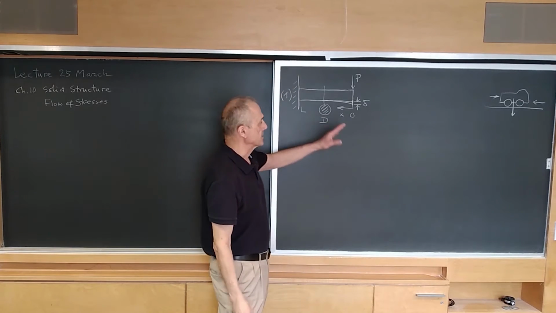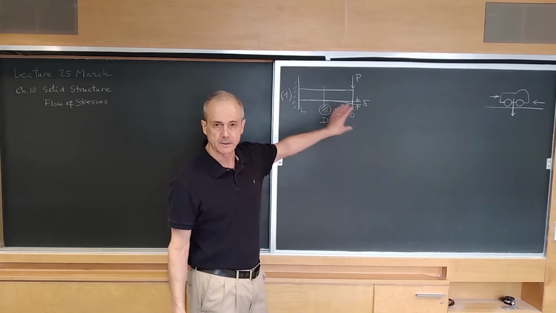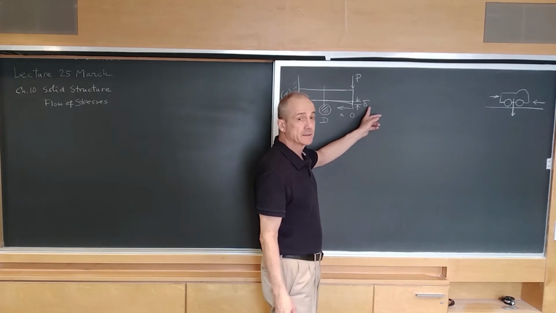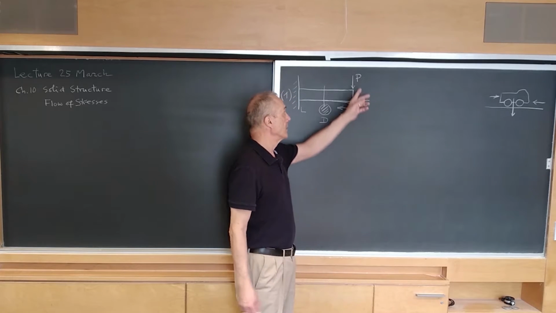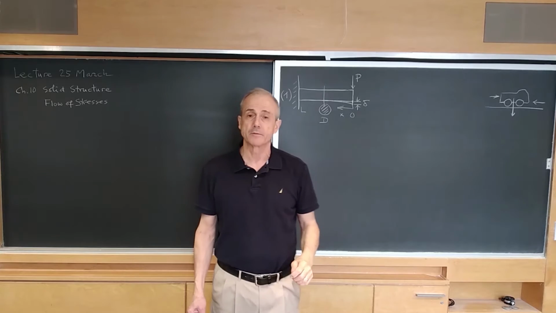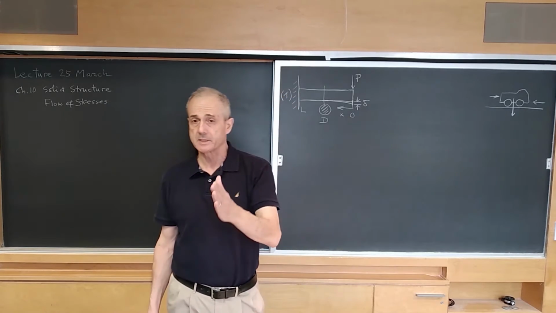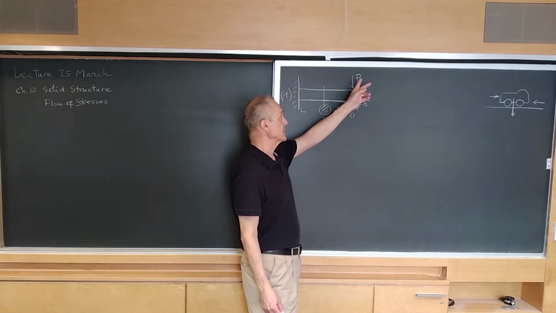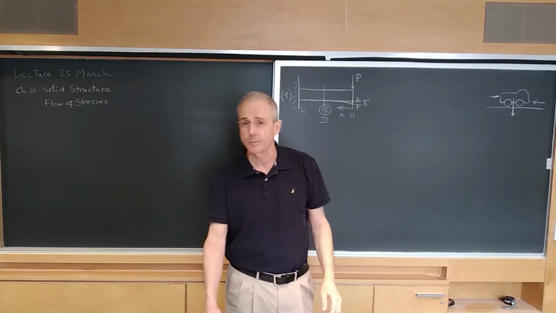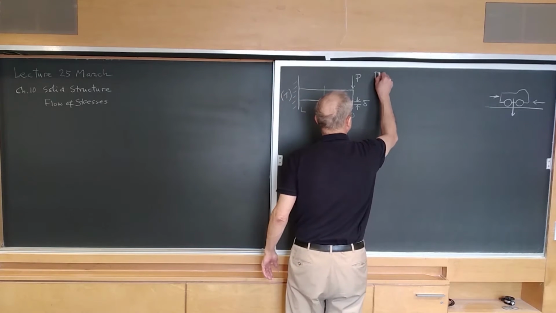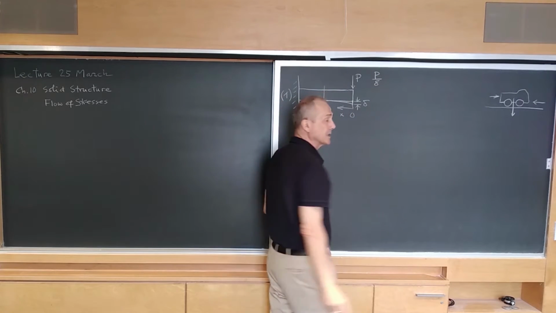So the so-called duty of the design is to have this delta subject to this loading. If you think of a spring that's being deflected, this is the elongation, this is the force that does the pulling. So you can think of P over delta as the spring constant.